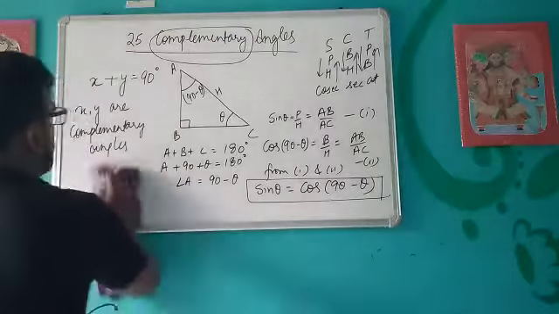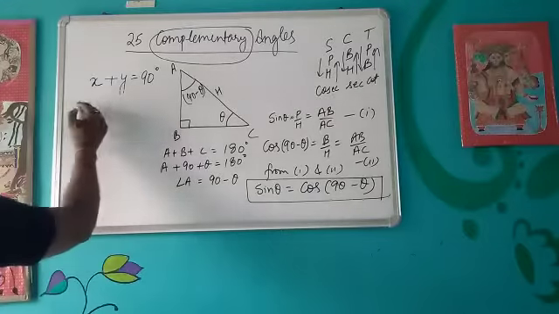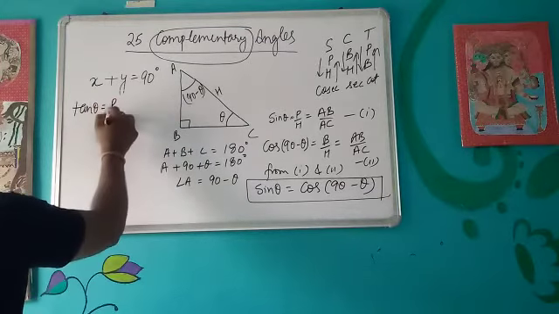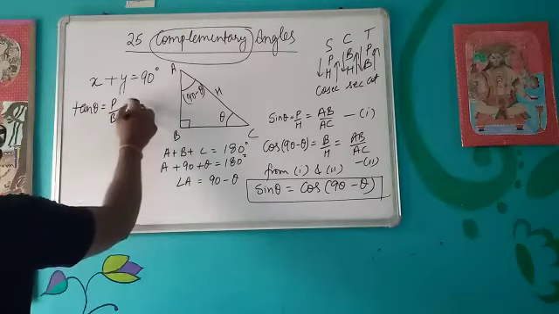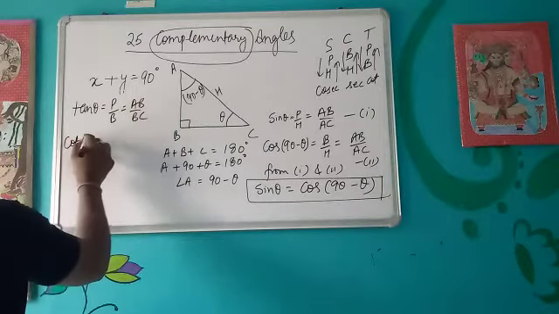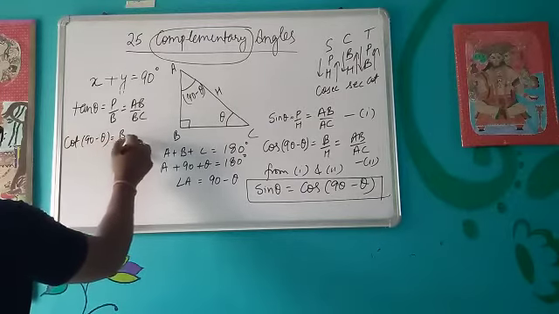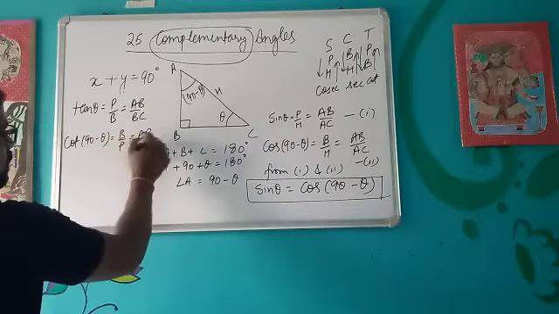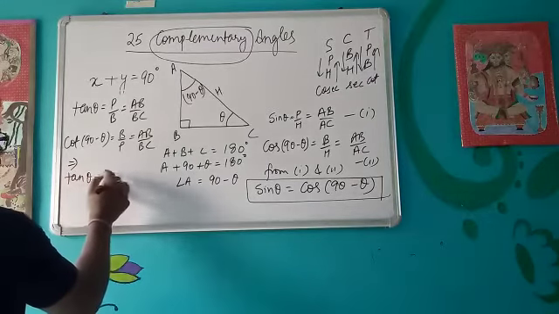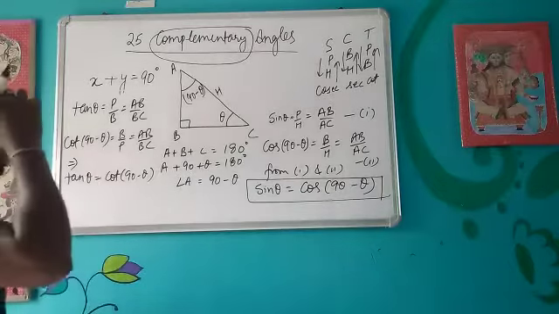Similarly, for this triangle, if you calculate tan of theta, what is tan of theta? P upon B, perpendicular is AB and base is BC. And if I calculate cot of 90 minus theta, it is B upon P, so it is AB upon BC. So we can again see that tan of theta is equal to cot of 90 minus theta.